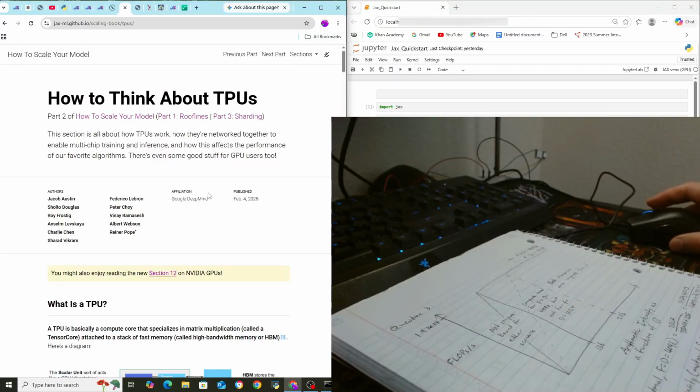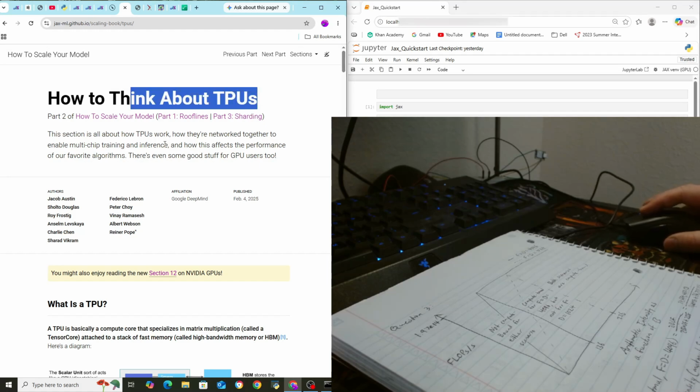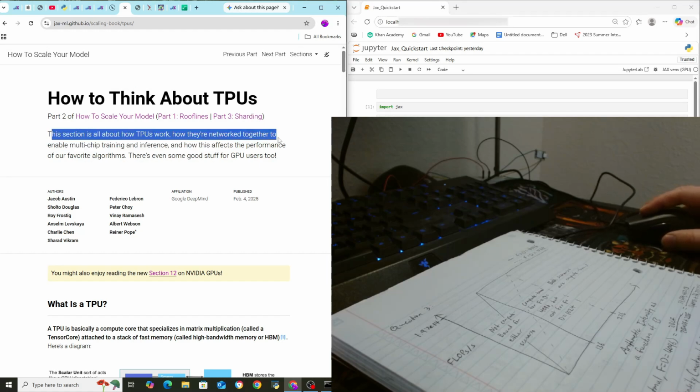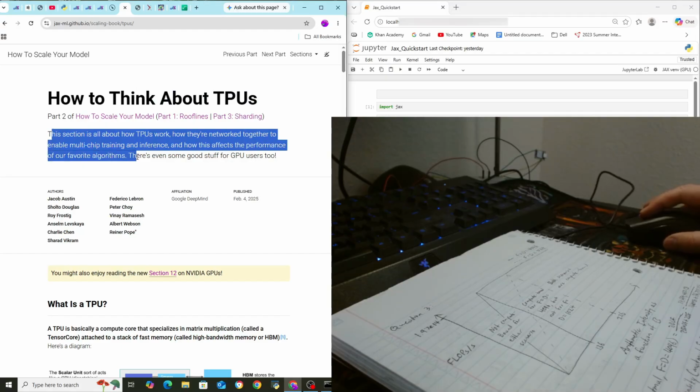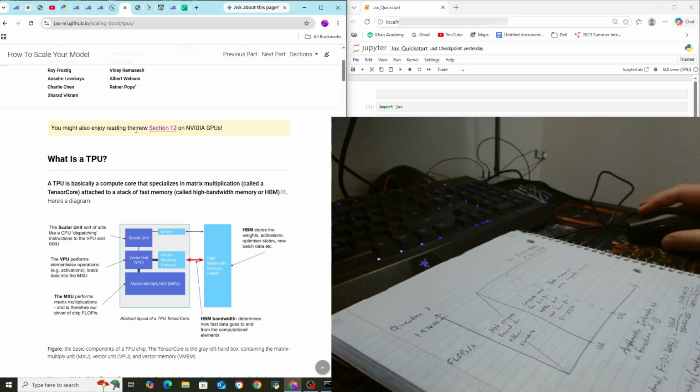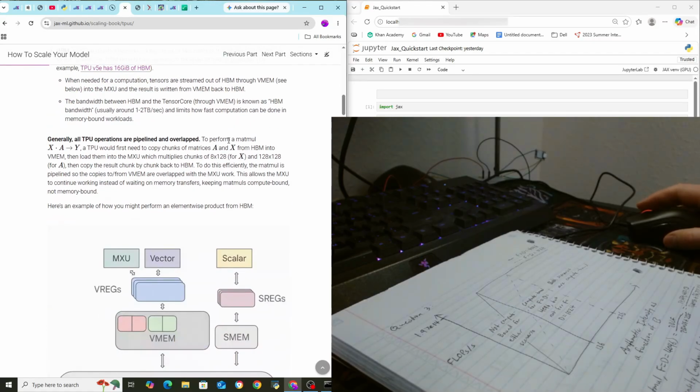Let's get a preview here. I think about TPUs. I enjoy the section on NVIDIA GPUs.